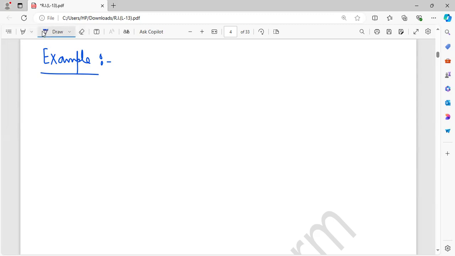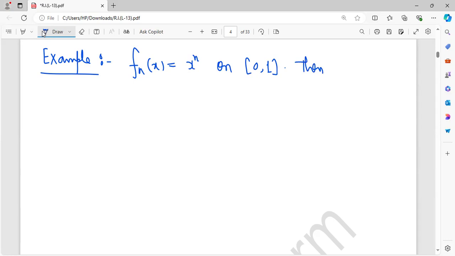For example, you take Fn(x) = x^n on closed interval [0,1].